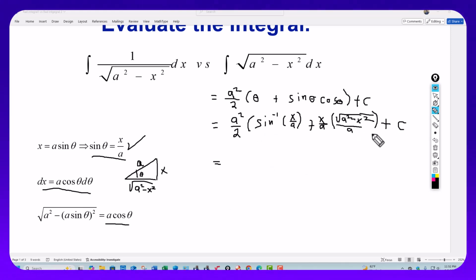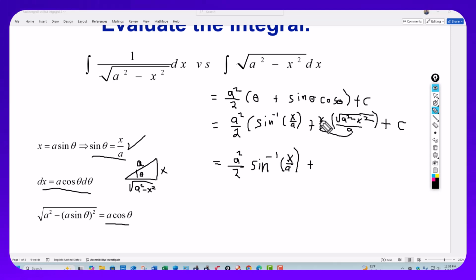Now let's just multiply through, distribute here, so a squared over 2 times the sine inverse of x over a. And then it's plus. So this product down here is going to give me an a squared, but I'm going to distribute with the a squared over 2. So that's going to cancel the a squared and the a squared over here.